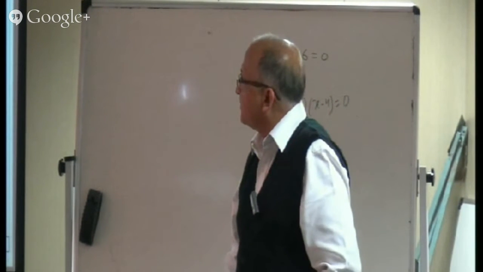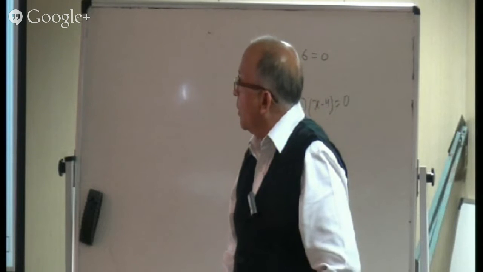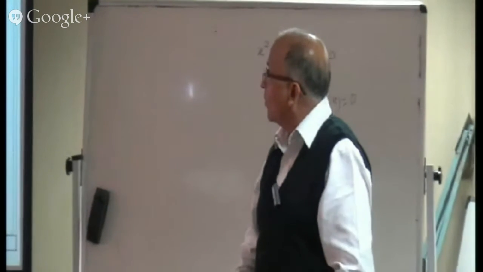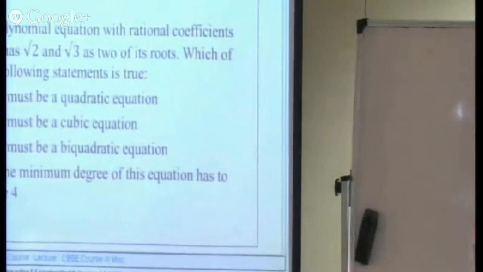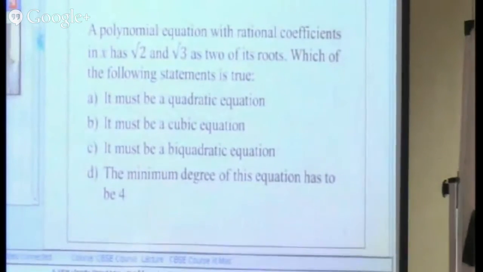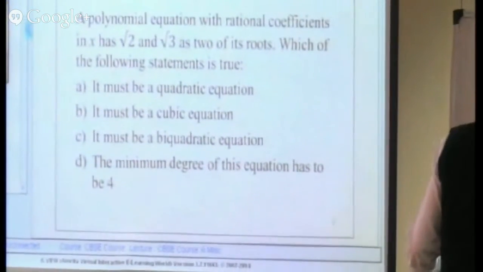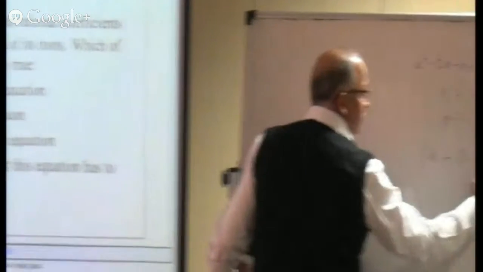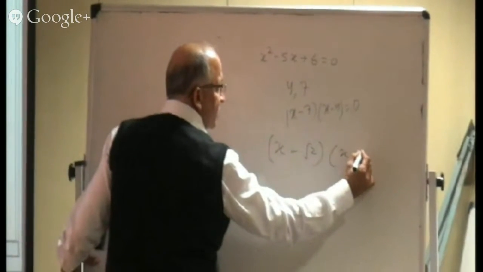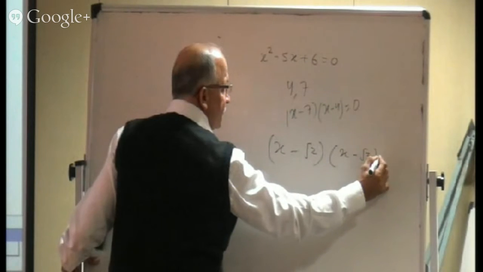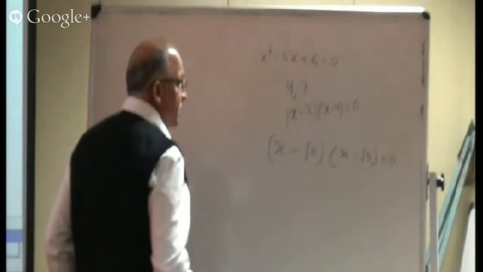It says a polynomial equation with rational coefficients has root 2 and root 3 as its roots. Is it sufficient to write that x minus root 2 into x minus root 3 is 0? Is it sufficient?